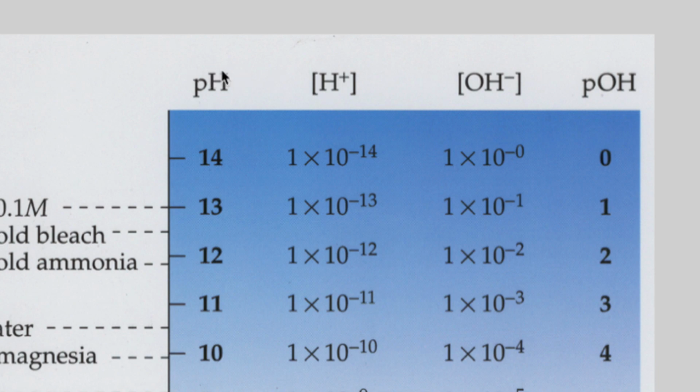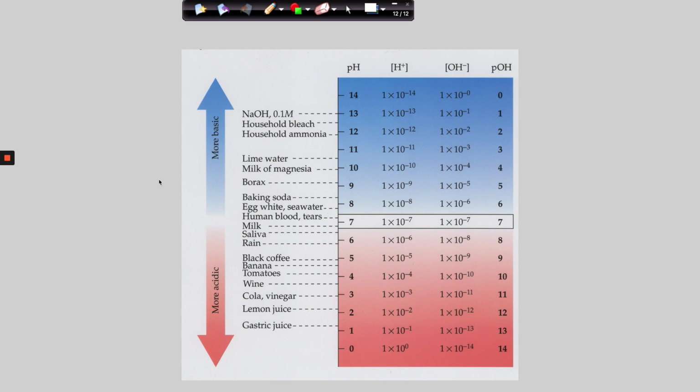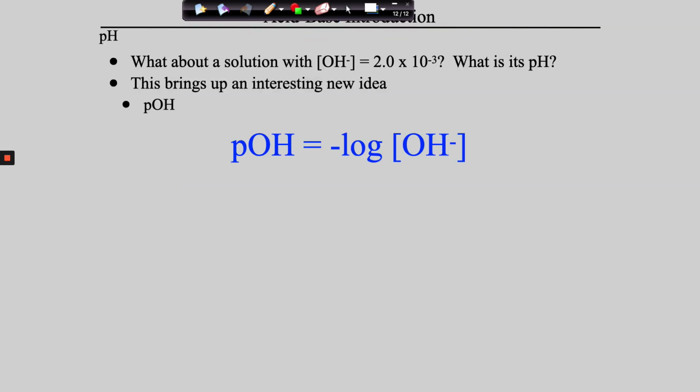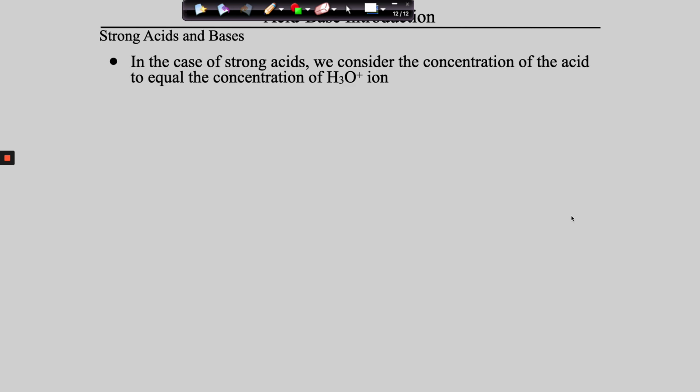We're comfortable with the idea that going from hydrogen ion to pH is the negative log of hydrogen ion concentration, and going from hydroxide concentration to pOH is the negative log of hydroxide ion concentration. And then pH plus pOH always adds up to 14. Are you good? Yeah? Okay. So guys, that means this makes sense: pH plus pOH is 14. And then guys, finally this.